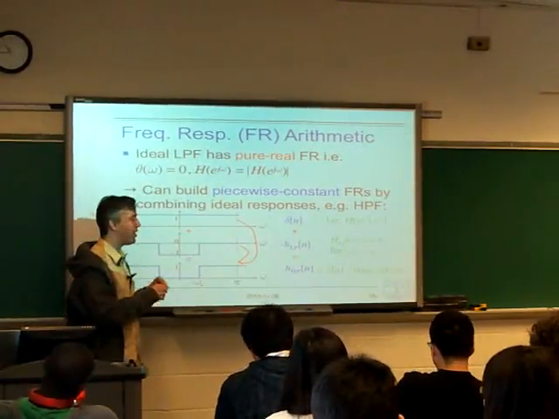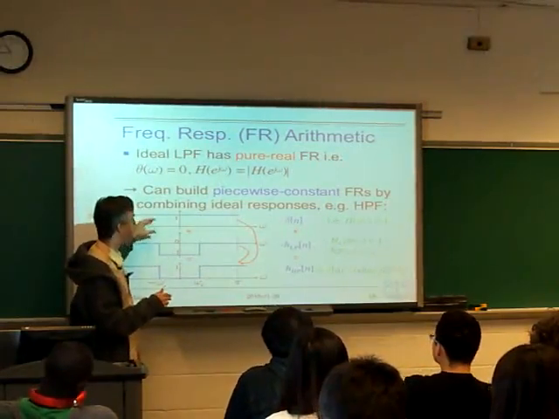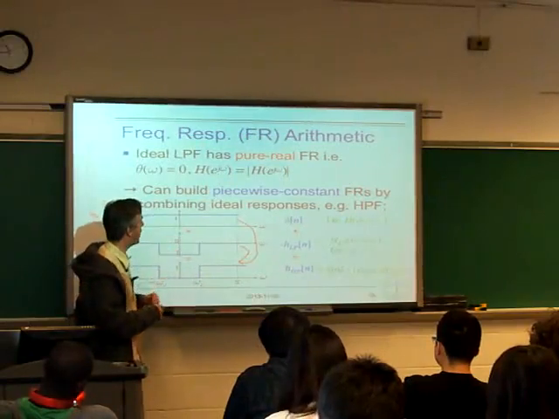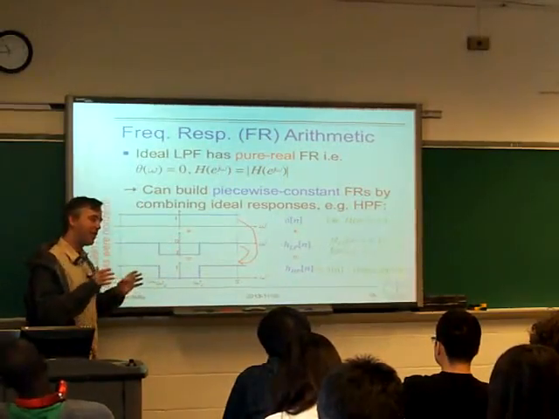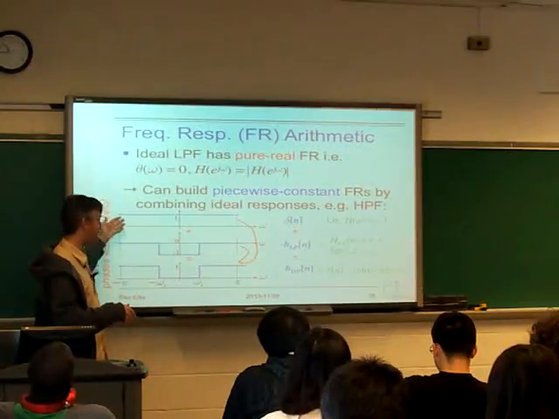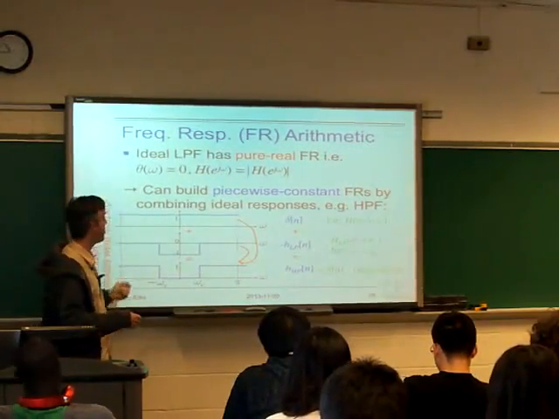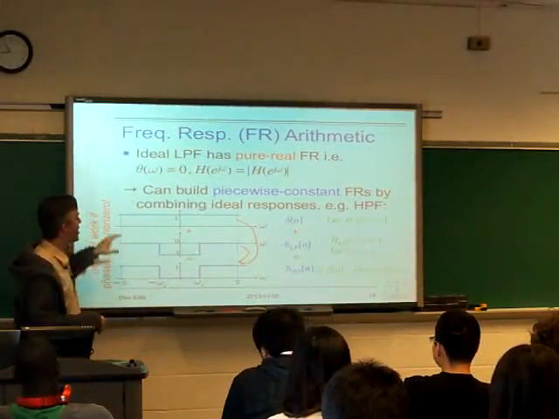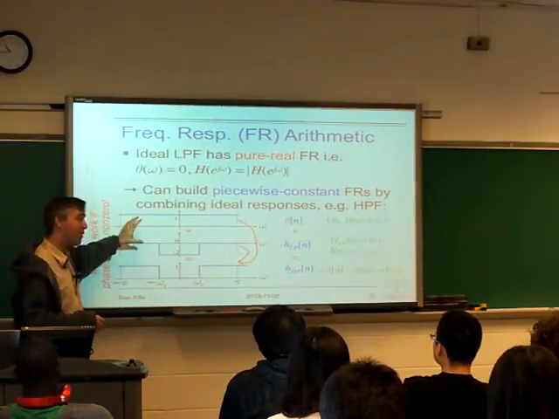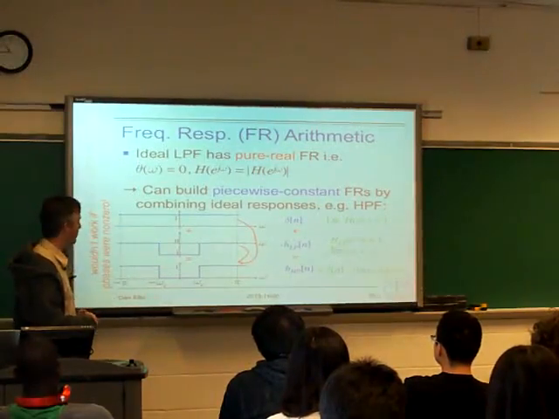Normally when we plot the magnitude response, we're ignoring the phase, so what we're seeing is not quite what we're getting. But here we can plot the complex valued frequency response just on the real part because the imaginary part is always 0. And that means we can think about doing arithmetic in the frequency domain.